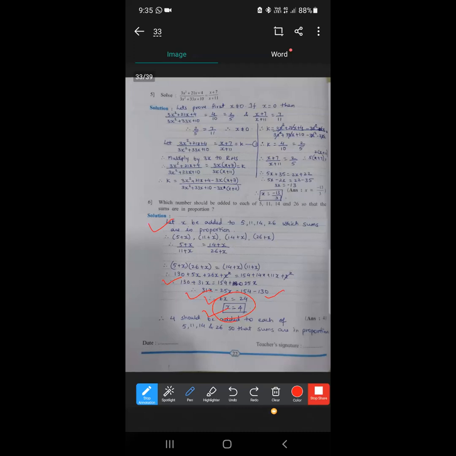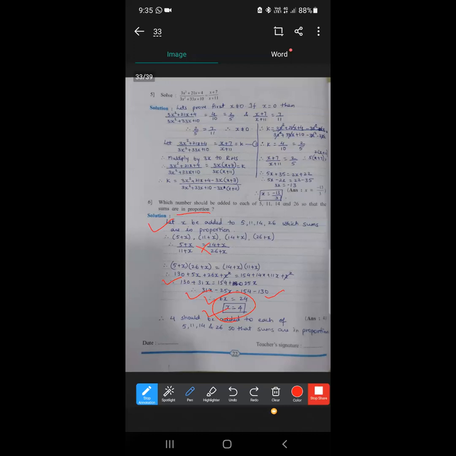That is very, very important. If they are not in proportion, you cannot do the cross multiplication. Here they have given that they are in proportion, so I told you 5 is to 11, that means 5 upon 11 equal to 14 upon 26, and I did the cross multiplication because the equal to sign is there.